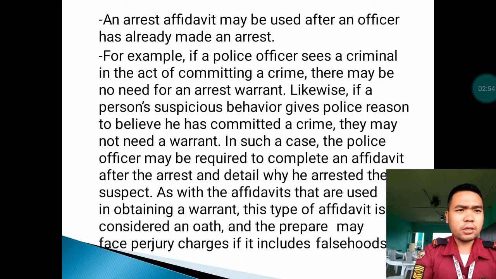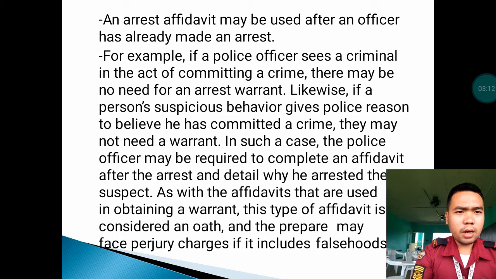In such a case, the police officer may be required to complete an affidavit after the arrest to explain why he arrested the suspect.